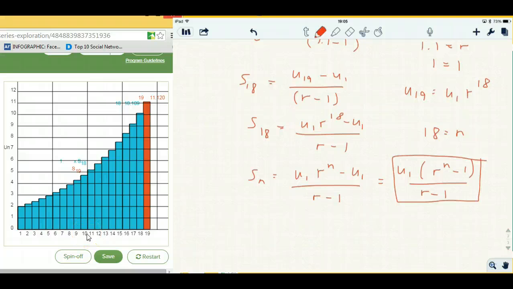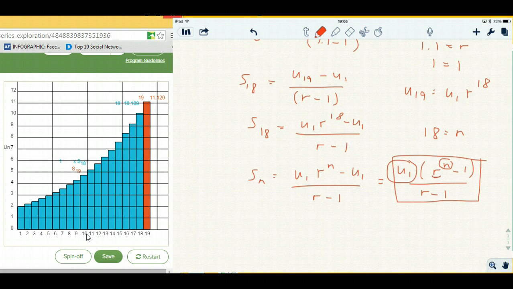And then we have just derived the formula using this trick that the blue curve fits two ways in the red curve. It fits here on the leftmost position, and it also fits the rightmost position if you multiply by 1.1. So using that trick, we've just found an easy way to figure out what the sum of all these bars is. And that is if you know the first bar height, and you know the factor, 1.1, and you know how many days, 18.